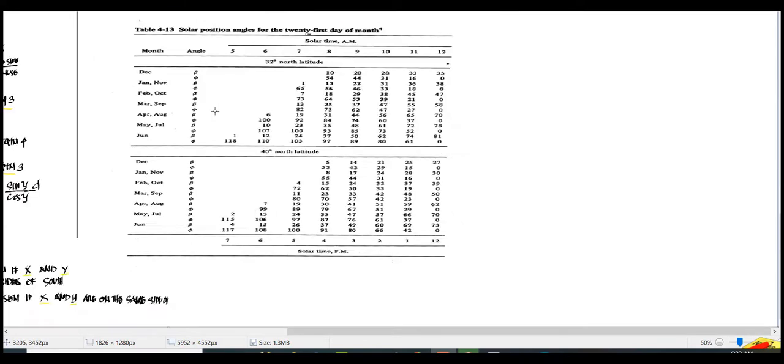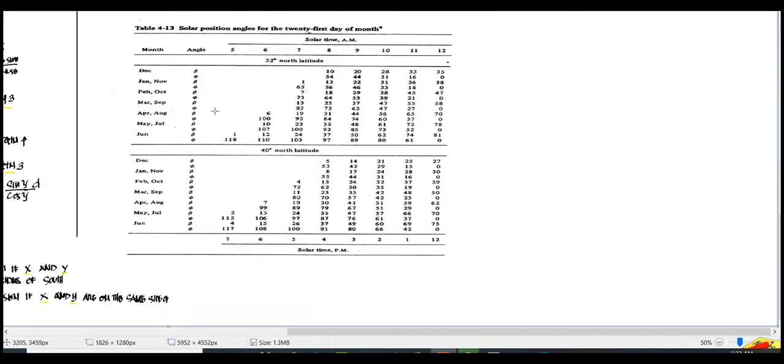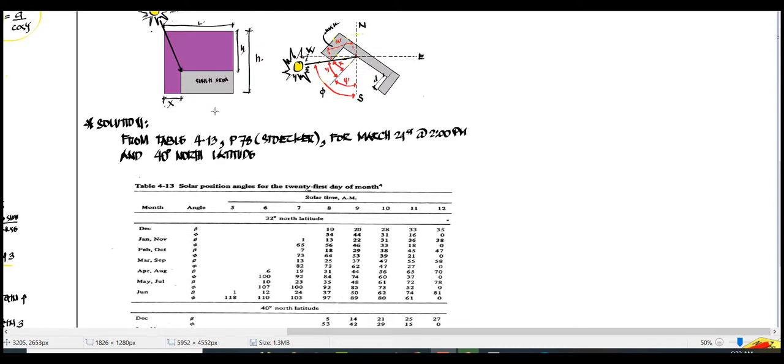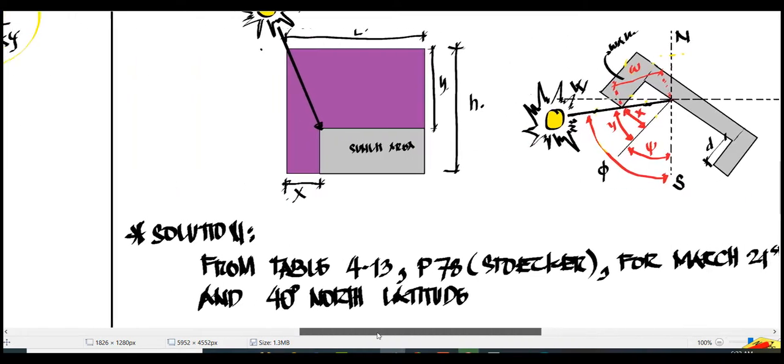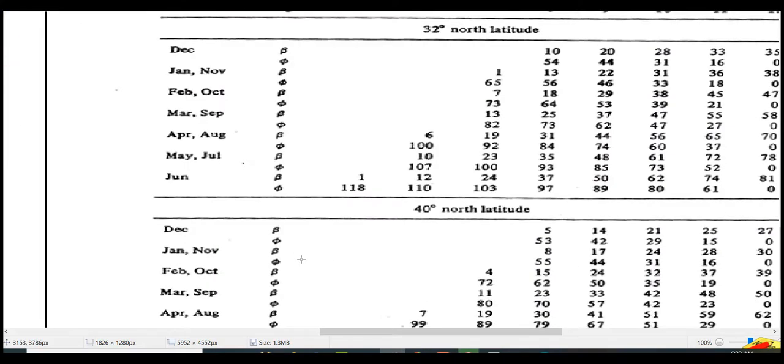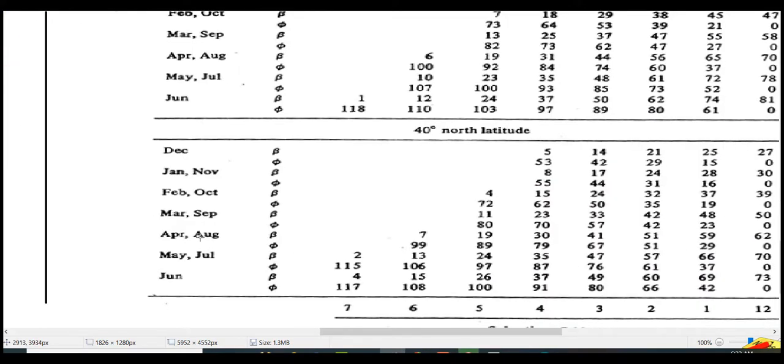Bringing the table of the Stoker, that is on page 78. Then we have the month, which is March 21.